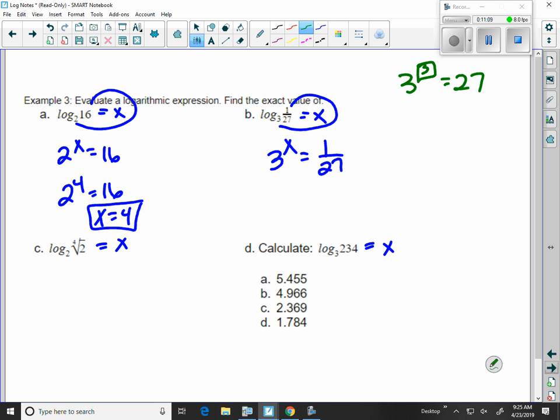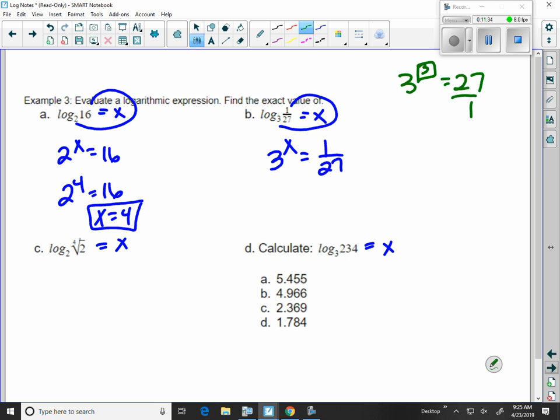Does anybody remember what we can do to an exponent to move it to a different location? What'd you say? Okay, I mean technically yes, but to flip those, what do we do to the exponent? Make it negative.